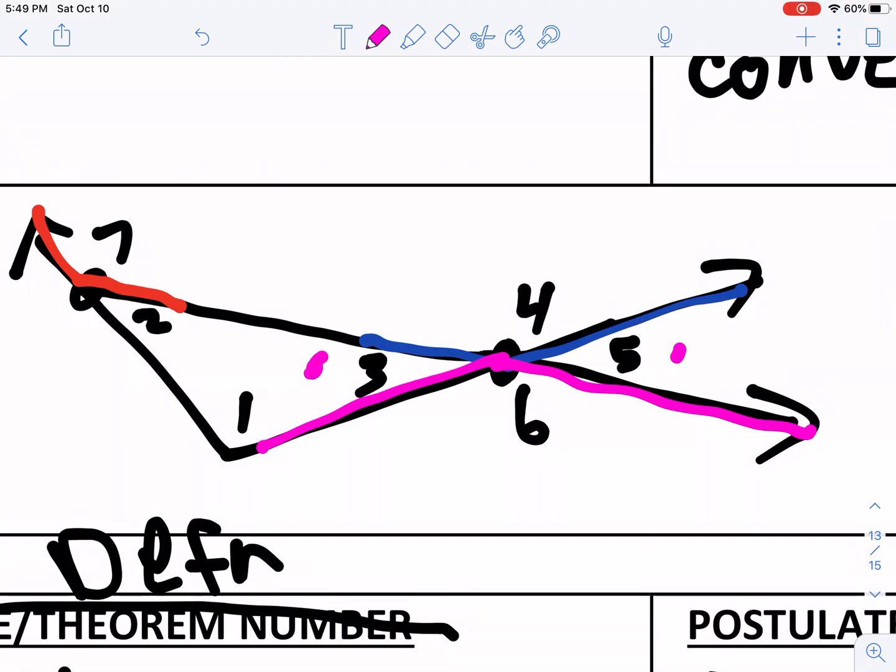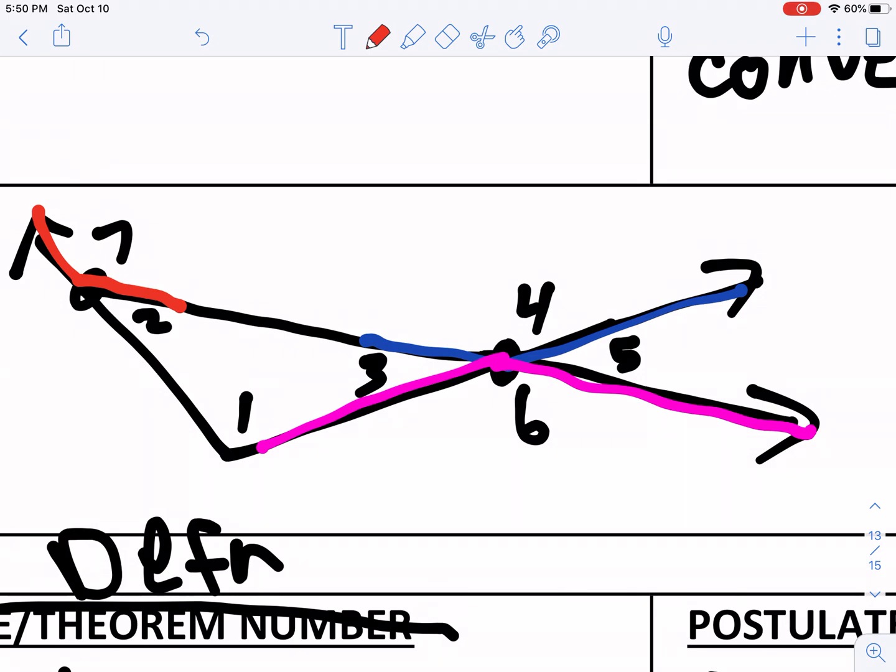Well, no. Angle 3 and angle 5, just from the very get-go, they're not even adjacent angles, let alone form a linear pair. So angle 5 here actually is not an exterior angle.